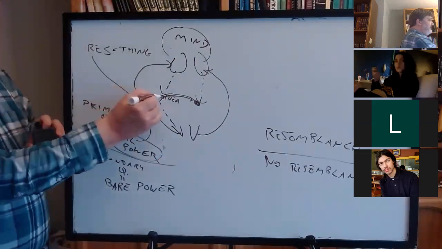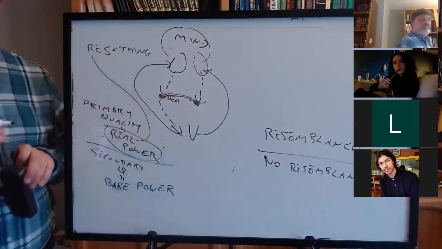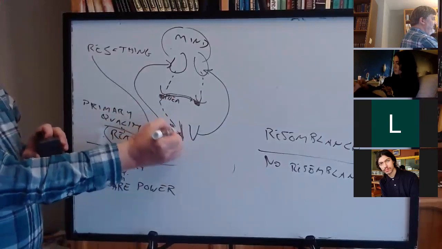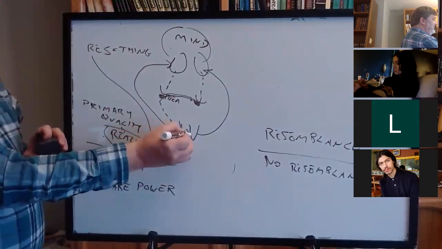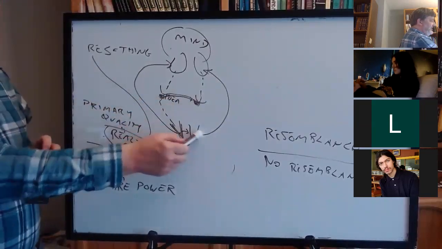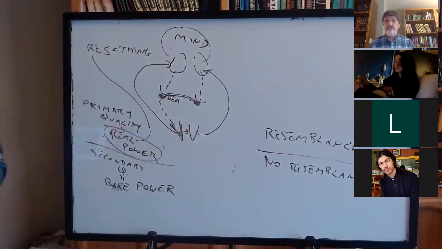But I know that if I perceive this one, I can also perceive this one. And that means I know that if this power is there, this power is also there. Right? Because these couldn't be necessarily connected unless these were necessarily connected.